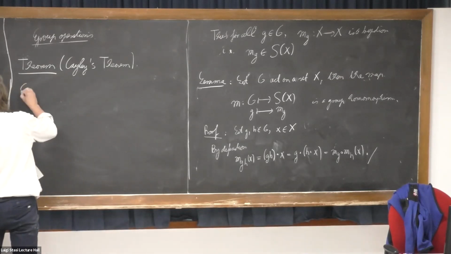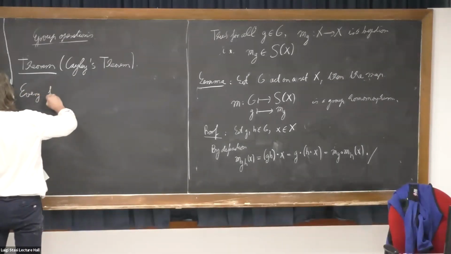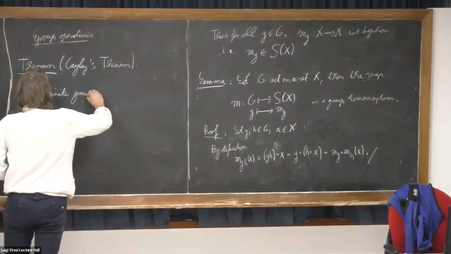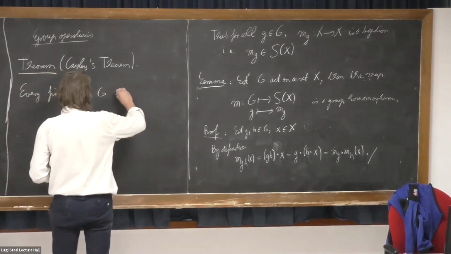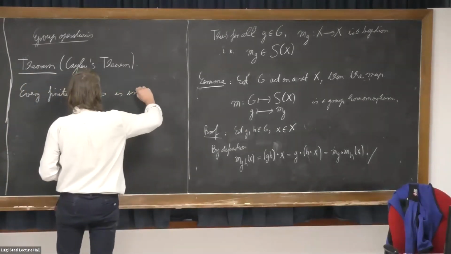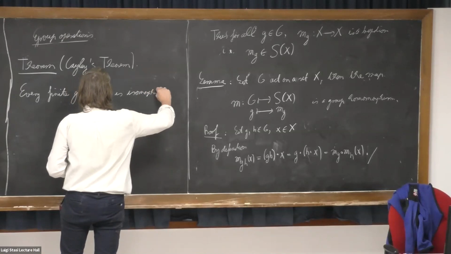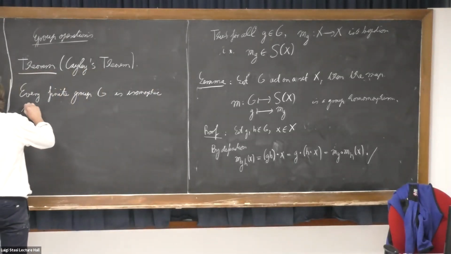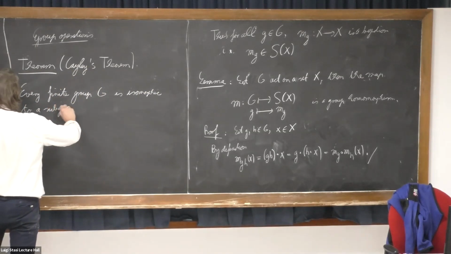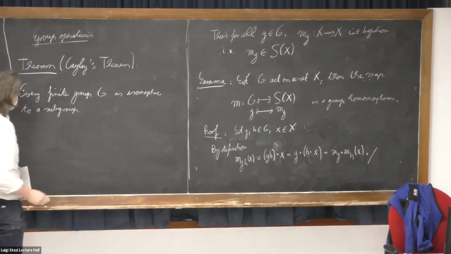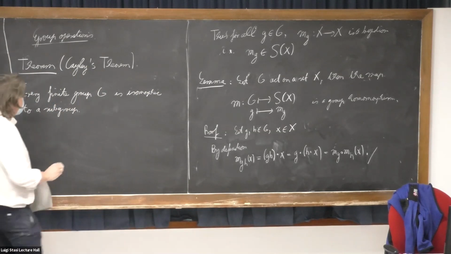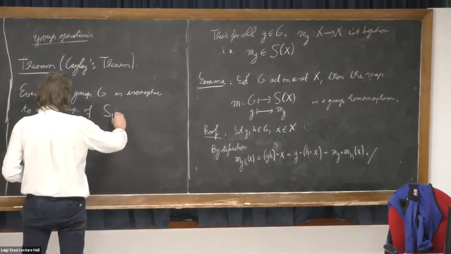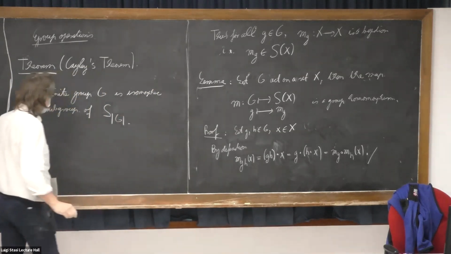So every finite group G is isomorphic to a subgroup of a symmetric group, and I can say which one, namely the symmetric group on as many letters as G has elements.